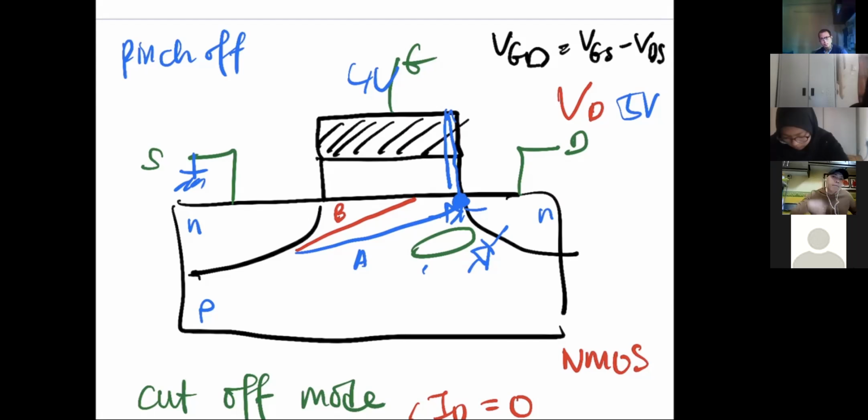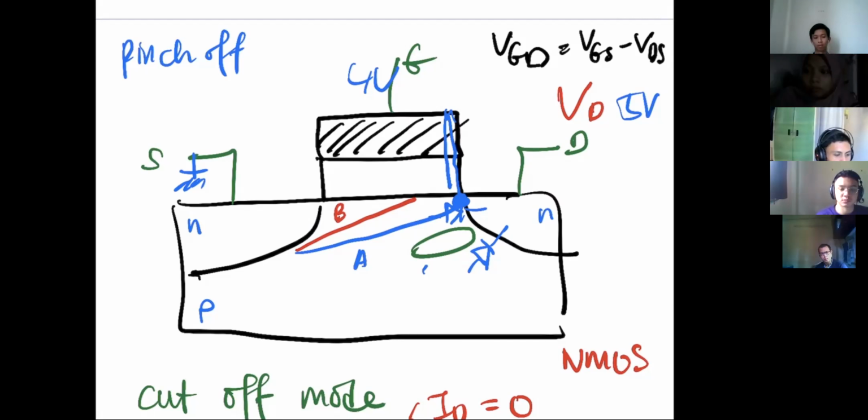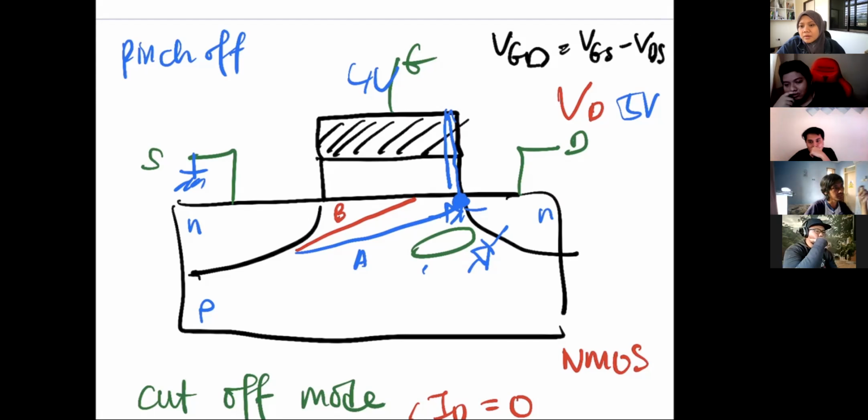The current stays the same because it's dependent on the field effect, which is the voltage on VGD, the voltage on VG. How is it possible? I don't get you.